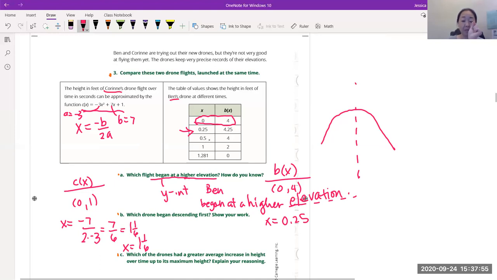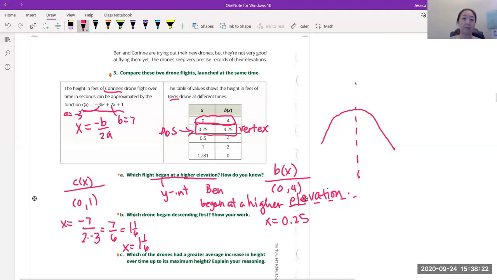What's halfway in between that? That's going to be 0.25. So this is definitely our AOS. That's our vertex right here. So our AOS for Ben is going to be at 0.25.